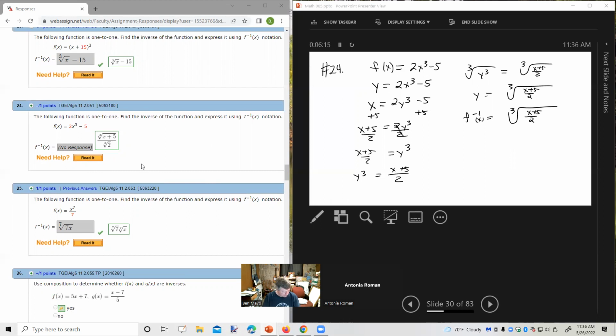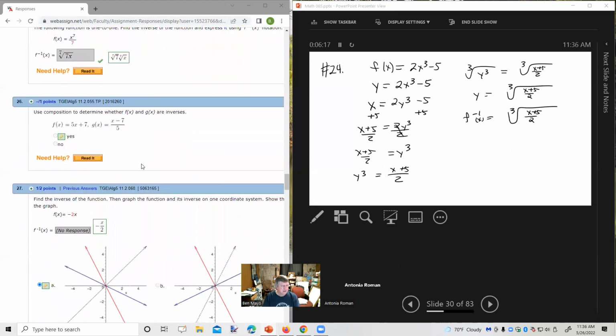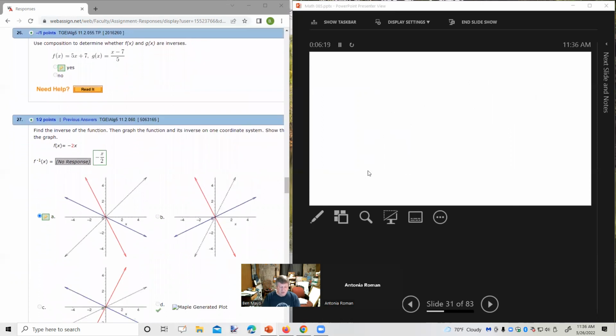Okay, let's see. Next was 26. Use composition to determine whether f of x and g of x are inverses. So if they are, we should be able to compose them in both directions and in both cases get an answer of x.